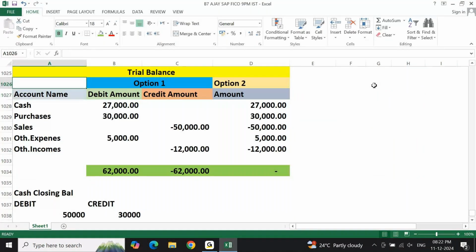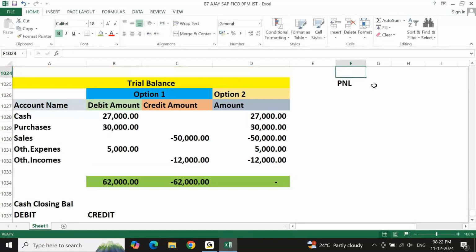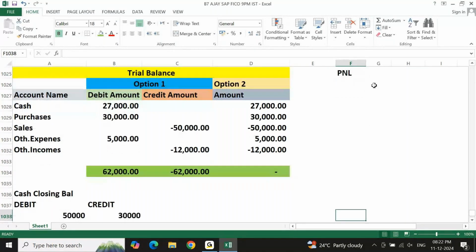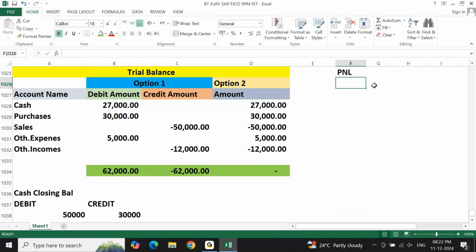Next one, let me make something called P&L. Now everybody is aware the P&L format will be expenses and income, in T format.